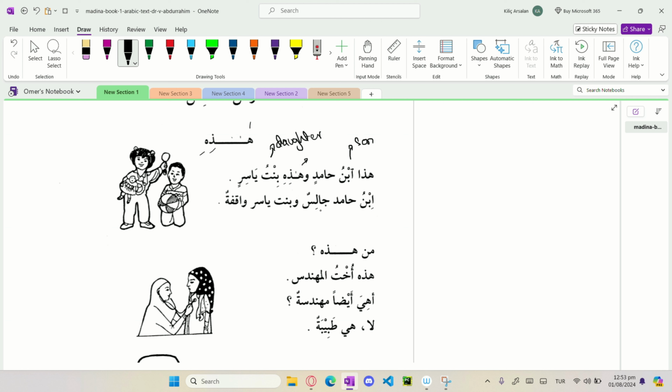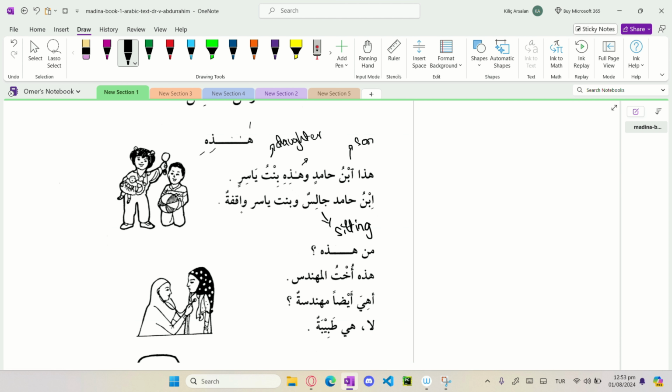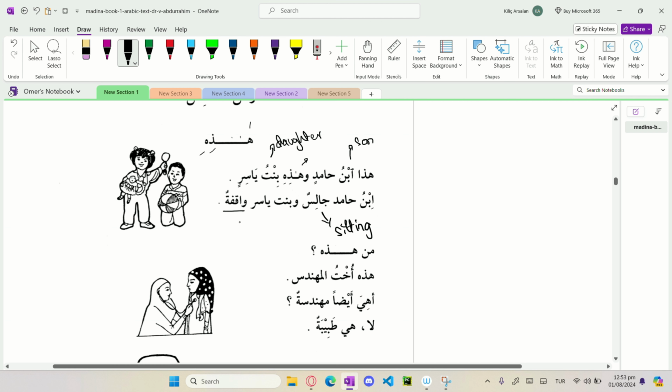So Ibn Hamidin jalisun, yani sitting: the son of Hamid is sitting, and Bintu Yasirin, the daughter of Yasir, is waqif, means standing. But there's a ta marbuta since it's talking about bint, and since it's female, so Waqifatun.